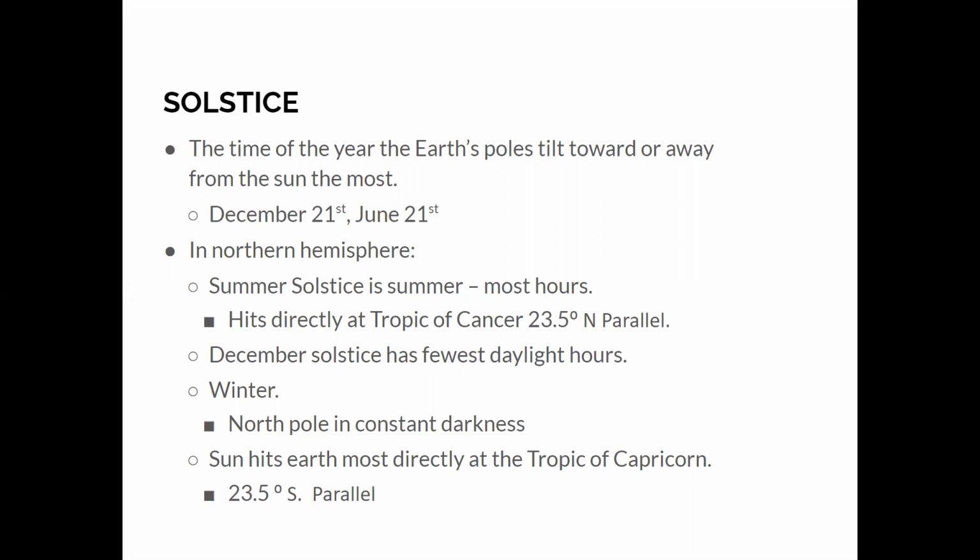And during this time, right, the sun hits directly at the Tropic of Cancer, which is 23.5 degrees north. Right, so during summer solstice in the northern hemisphere, we have summer, right, most daylight hours, and this is where the sun is directly hitting the Tropic of Cancer. Okay.